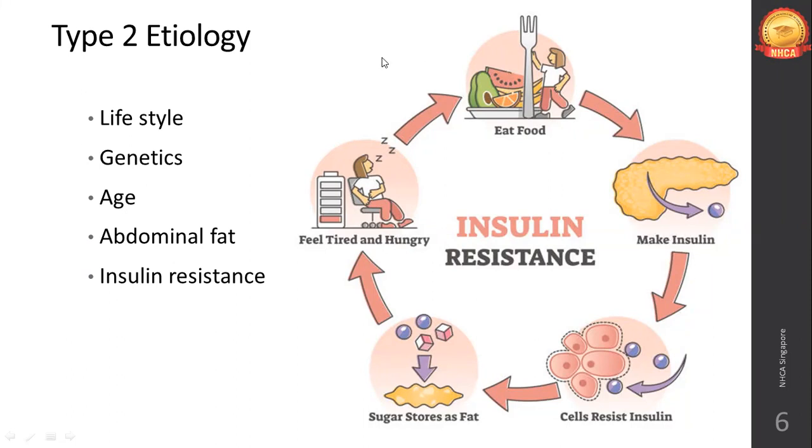This is insulin resistance. If not treated with lifestyle modification, it could lead to type 2 diabetes. And diabetes can happen even before you get menopause.